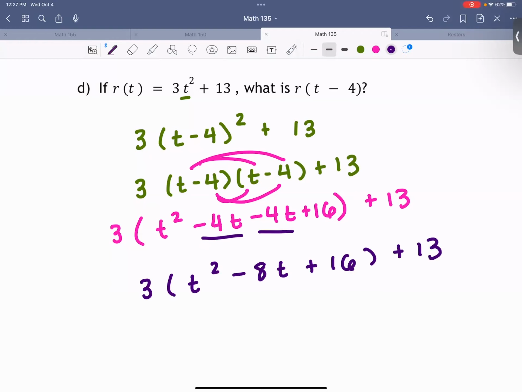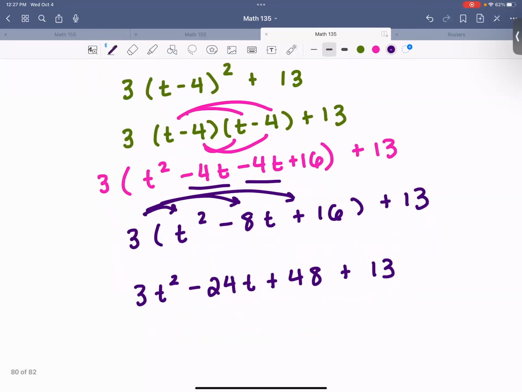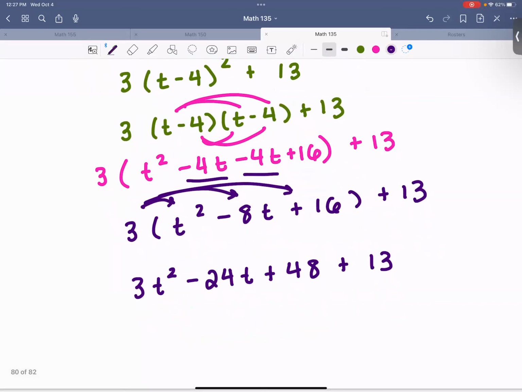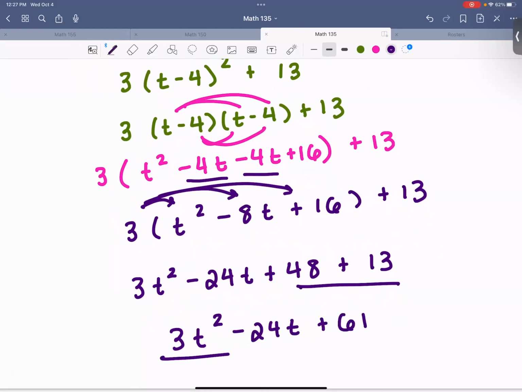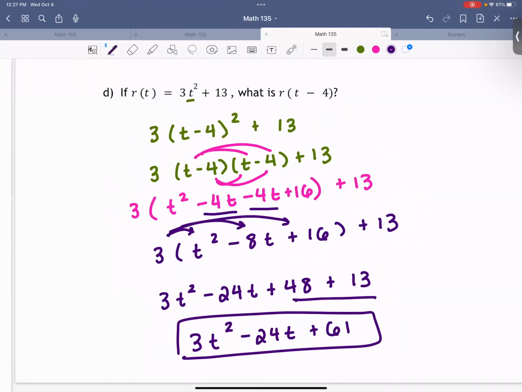And now what we can do is multiply the 3 to everything to get 3t squared minus 24t plus 16 times 3, which is 48, plus 13. Anything else I can do to simplify this? 48 plus 13 is 61. Perfect. 3t squared minus 24t plus 61. That would be my final answer.